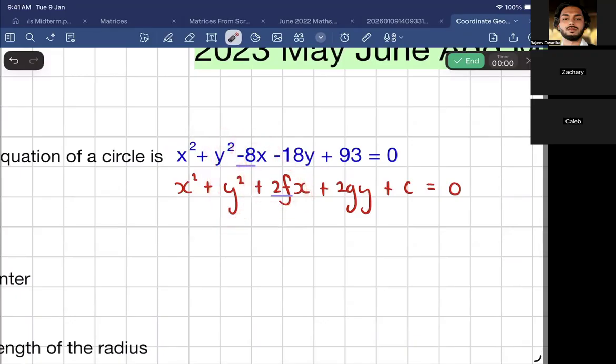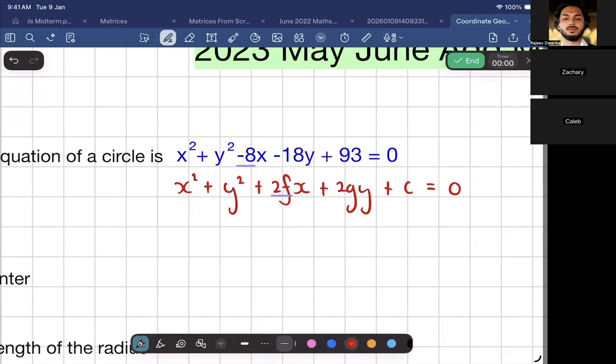Yes, sir. So the number in front of x is -8, and the term in front of x here is 2f. So in other words, I could say that 2f is equal to what? -8 over 2. That would be f. F is -8 over 2, right? So you're going good, and you get your answer for f. Now tell me, how would I find the g? -18 over 2.